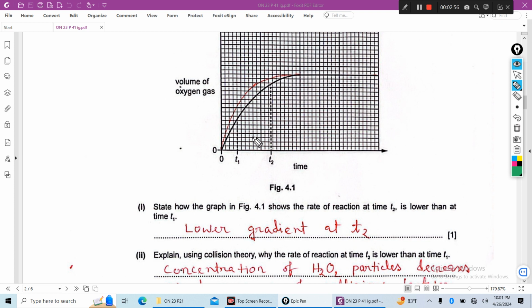You see at t1, in less time, the graph is steeper, and at t2, with more time, the graph is less steep. That means the t2 gradient is lower. Lower gradient means the rate of reaction is less. So lower gradient at t2.